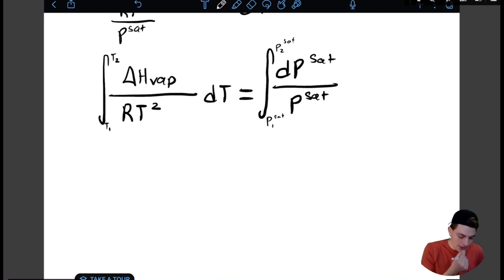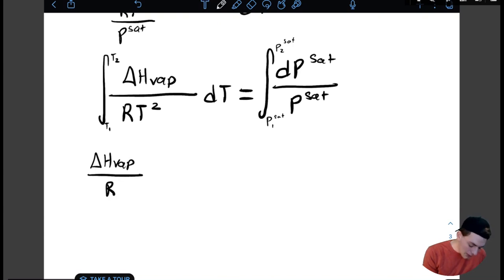So let's go ahead and do it, and hopefully I won't make any integration mistakes here. So that's T to the negative second, and its integral should be something like this.